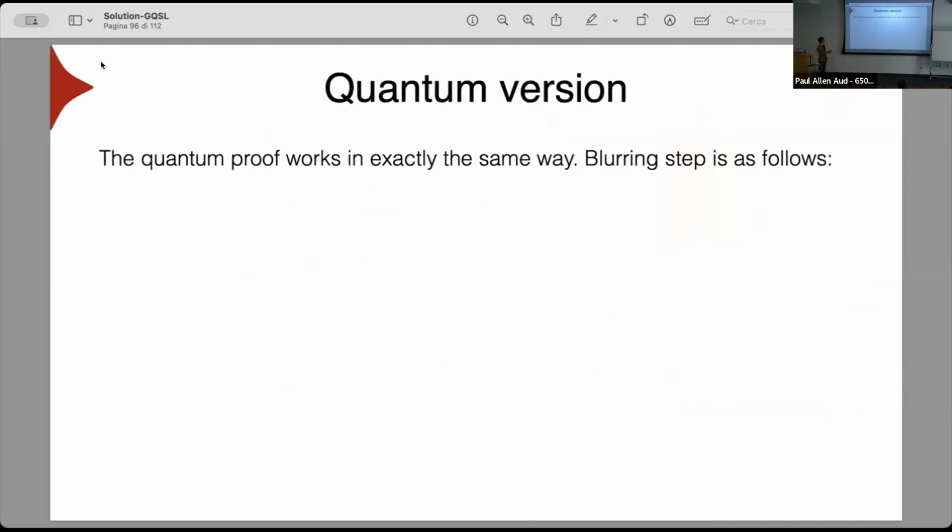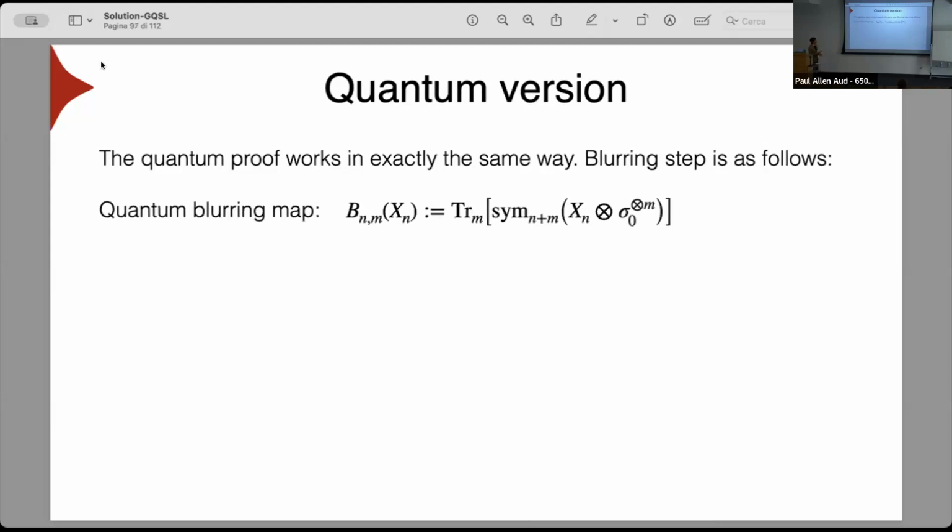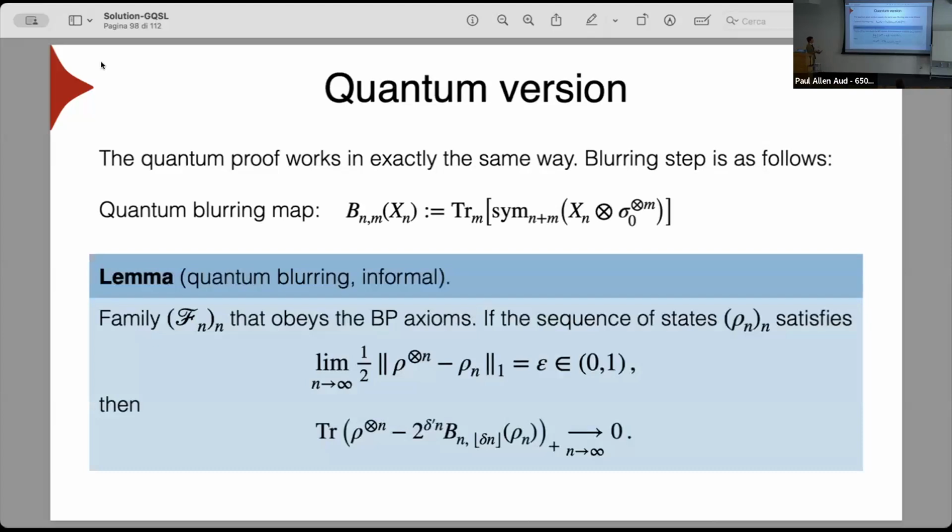Okay, so very briefly the quantum version, because the blurring step is the same, the quantum blurring map is exactly the same as before. You take your system, you add free states, you symmetrize, you trace away your systems. It works, but to make it work, you need this quantum blurring lemma, which I state here in an imprecise way, the same statement as before.